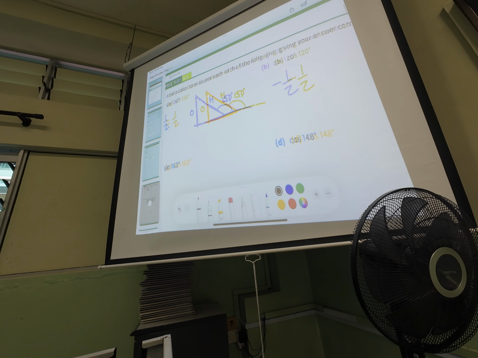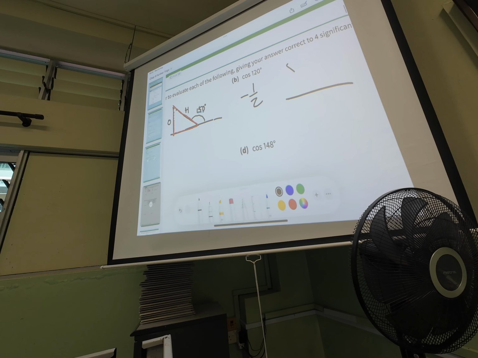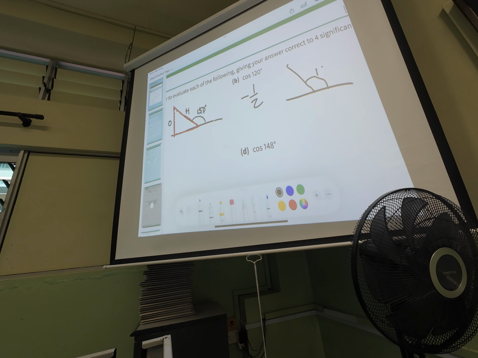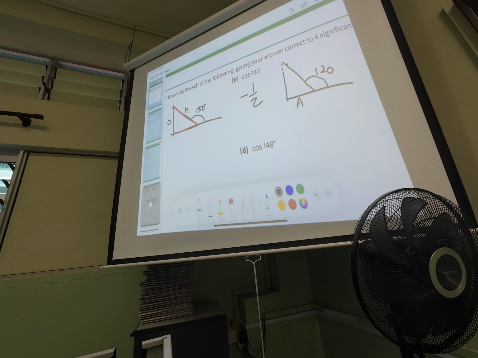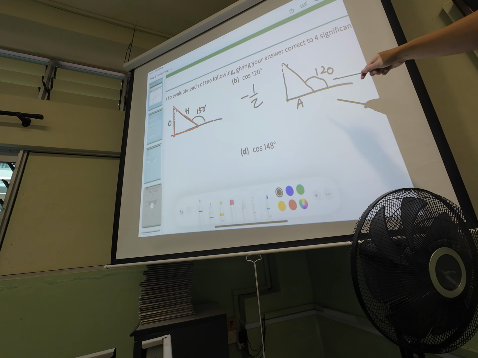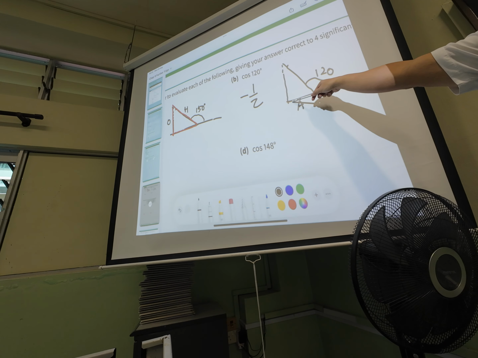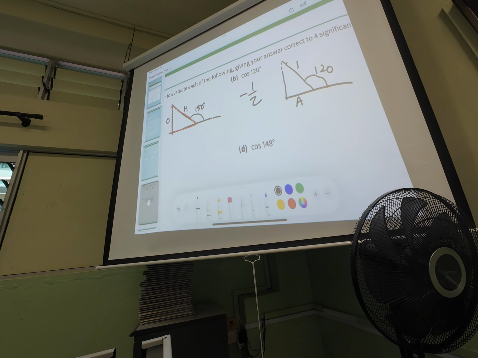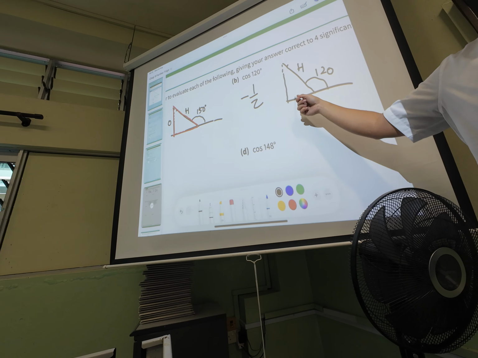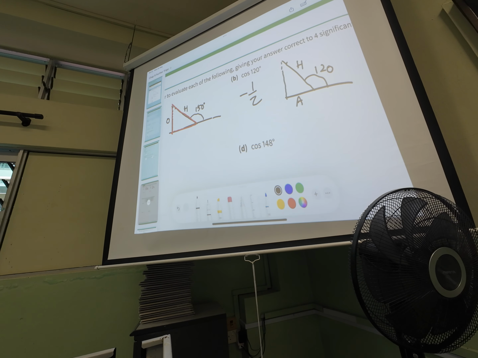Because why? When we are talking about the cosine of 120, my x direction, my adjacent, is going in the negative direction. That's why when I take the adjacent divided by the hypotenuse, it is a negative value over the hypotenuse.